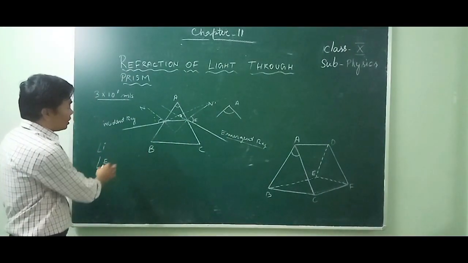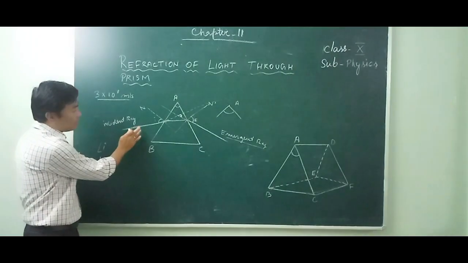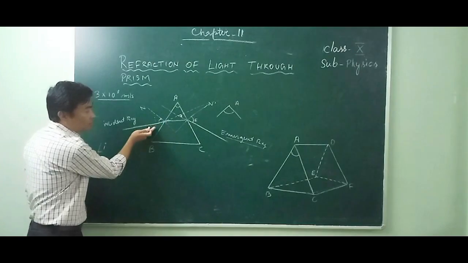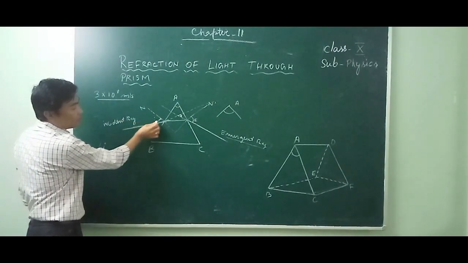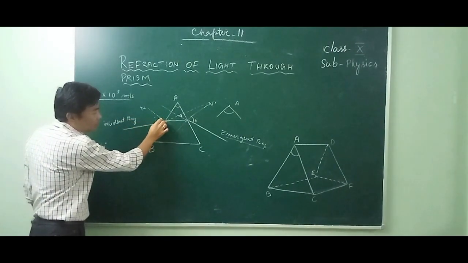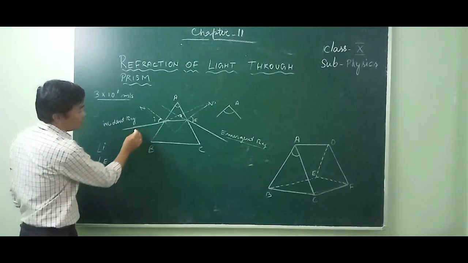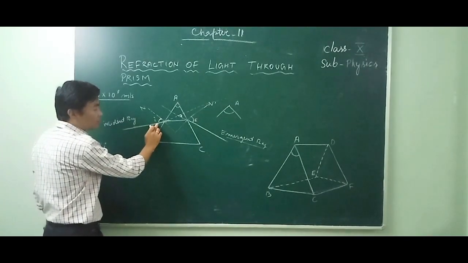Second thing, if you change the incident ray, or if you decrease the angle of incidence by lifting it up, for example, the incident ray is traveling in this way.